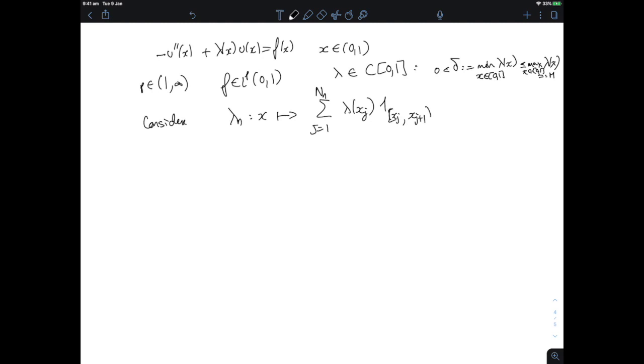Let's close it here for x, for some natural number m_n, starting at 0, and xj an increasing sequence, so x0 is a number above 0, smaller than x1, up to x_{n+1}, which would be smaller or equal to 1. So I consider a simple function approximation of my lambda.